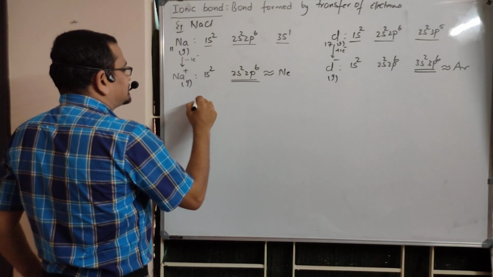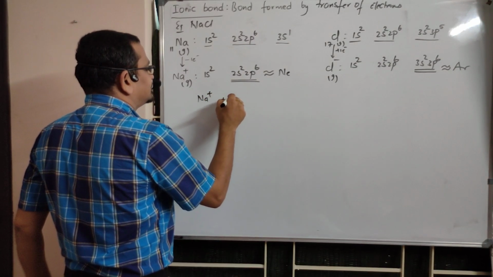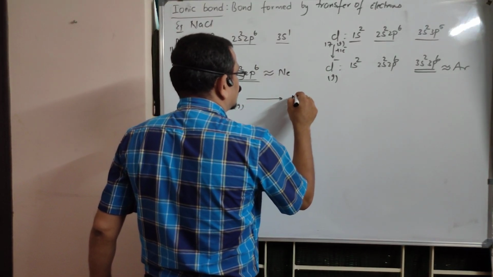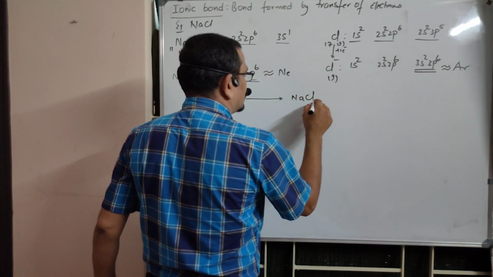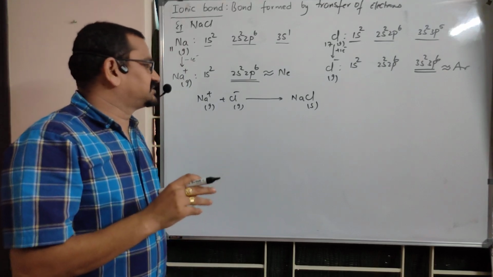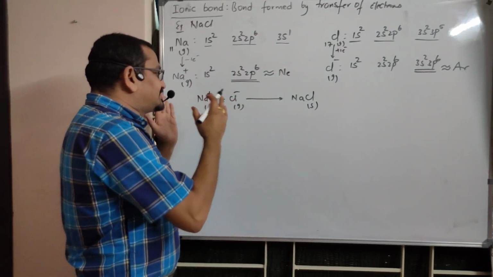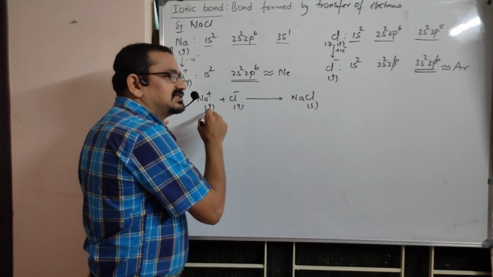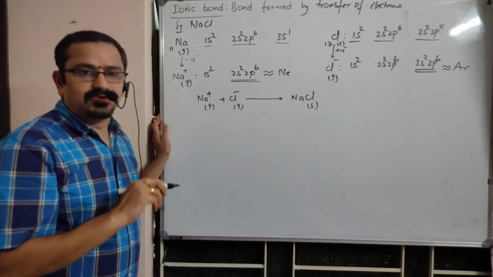Na plus and Cl minus gaseous ions will be held together to give NaCl, which will be crystallized in solid form. This strong electrostatic force of attraction between these two oppositely charged ions is called ionic bond.